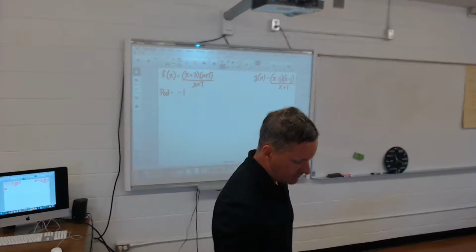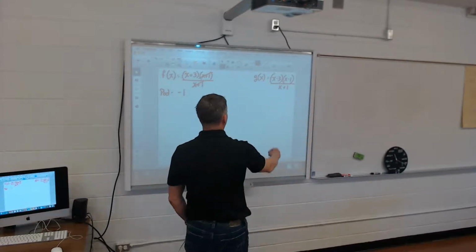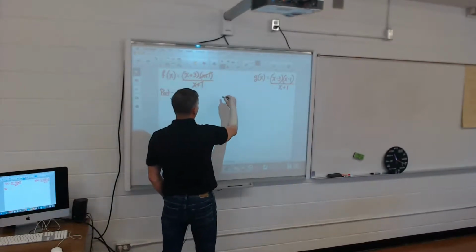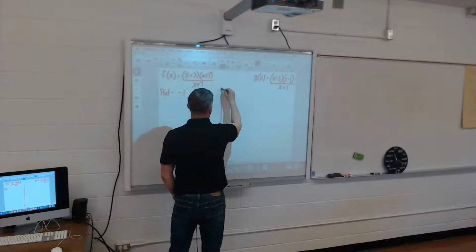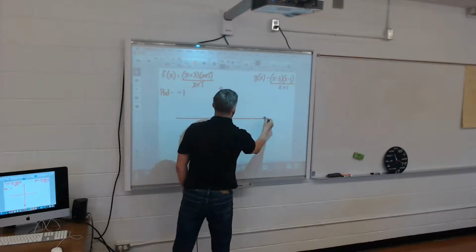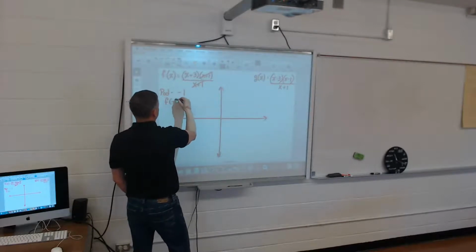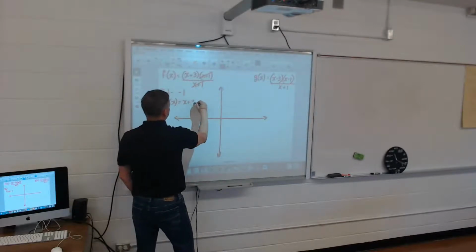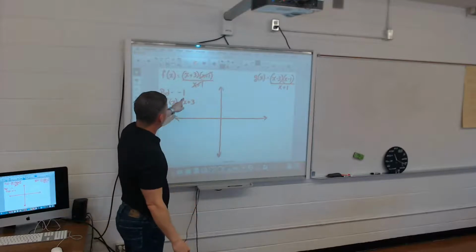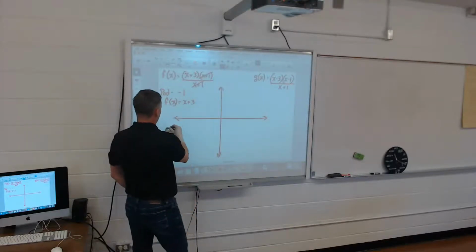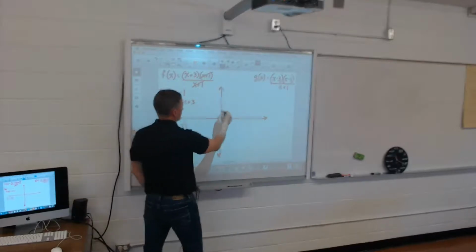So it says with the help of technology, they want you to graph it. So the first one I'll graph. So my graph is now f of x equals x plus 3. I have a point of discontinuity at (-1, 2). So I go to (0, 3).